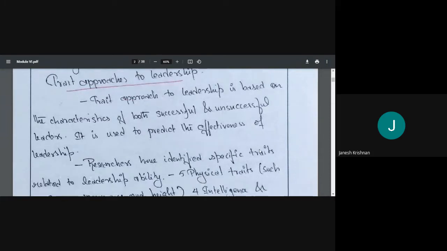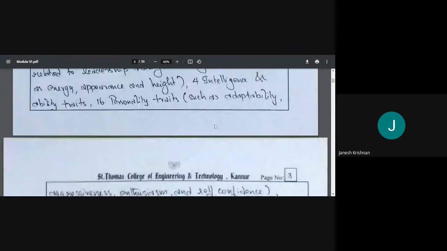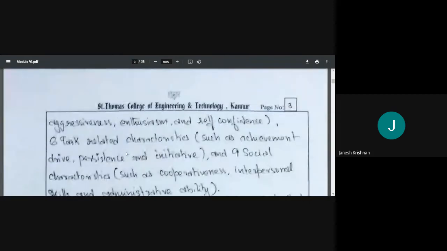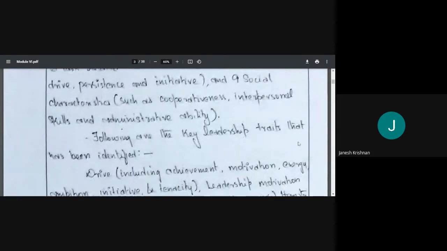Researchers have identified some traits: physically there are 5 traits, like energy, appearance, height; then 4 intelligence traits, 16 personality traits, 6 task-related, and 9 social characteristics. Different traits have been identified, and out of these, some are taken as key, very important traits for a leader.